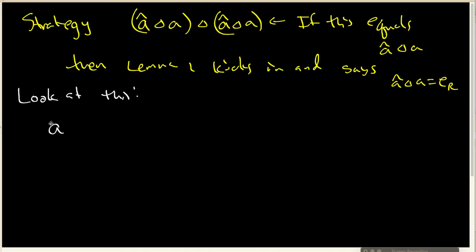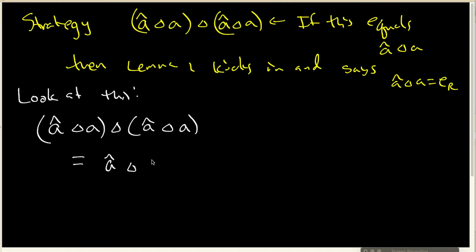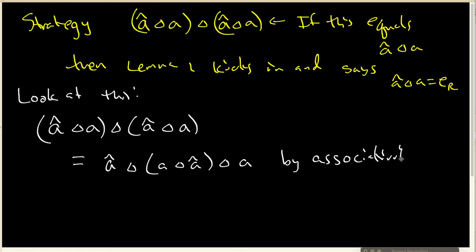So let's look at this. If I look at A hat triangled with A, triangled with A hat triangled with A, I can rewrite that as A hat triangled with A triangled with A hat triangled with A, and this is by associativity, in other words, axiom 2.